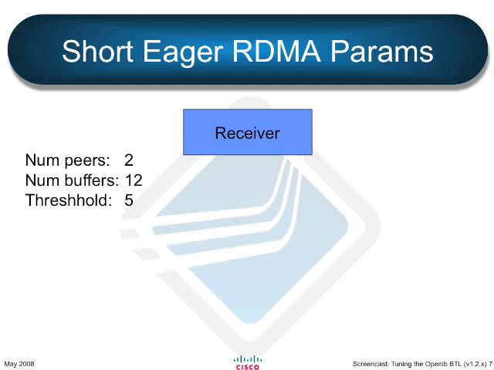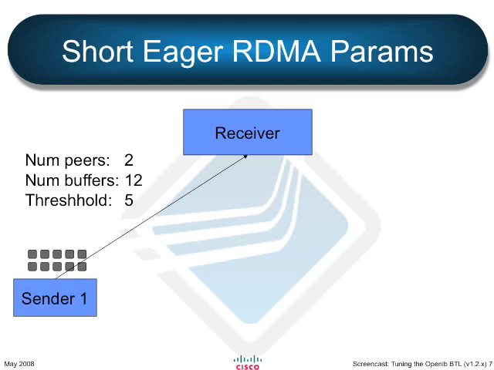So Open MPI has 3 parameters that govern these things, but let's look here at a 50,000 foot view to see exactly what we do, and then we'll put names with those parameters. So let's say we have a given receiver here, and we have 3 parameters on the left, and I'll talk about these 3 parameters through example. Let's say that sender 1 sends 10 short messages to this receiver, signified by those little gray boxes there. So we're going to say, I have a threshold of 5.